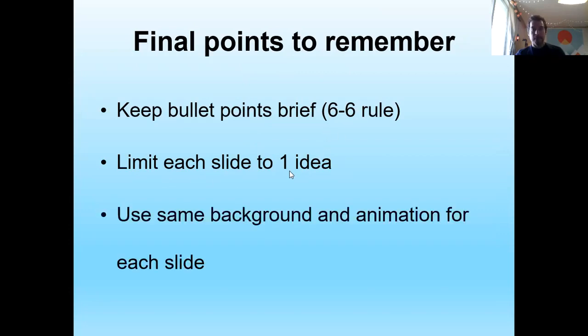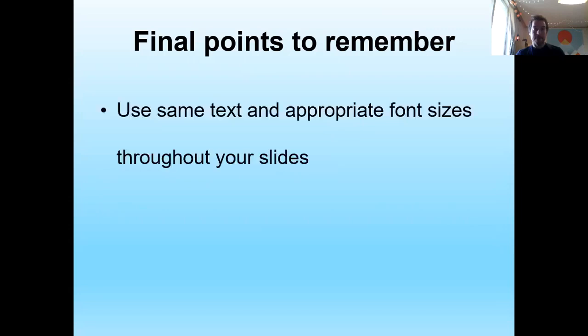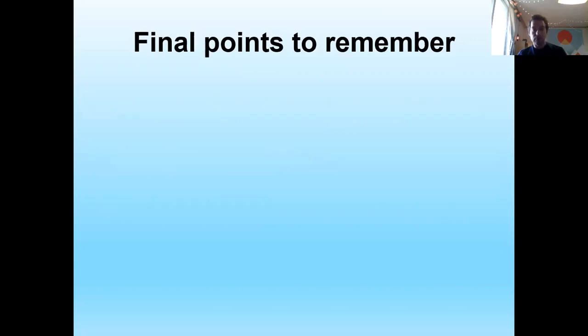Use the same background and animation for each slide. Use the same text, same font, and appropriate font sizes throughout your slides. Fonts without feet, sans serif. Don't use Hangul.